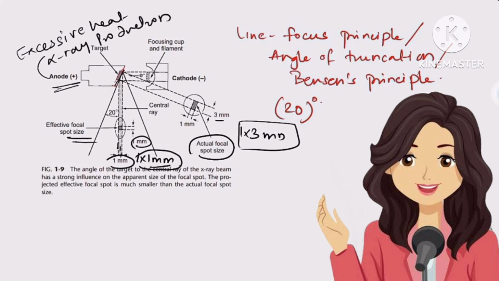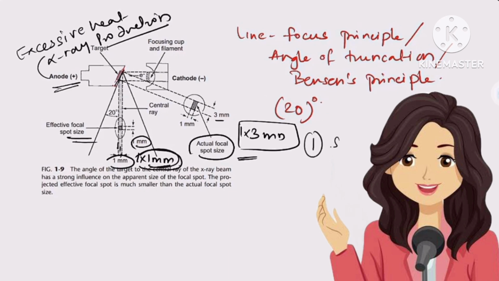To dissipate this heat, we need the surface area greater, but at the same time we need the size smaller. So we angulate the focal spot so that we get a reduced effective size.